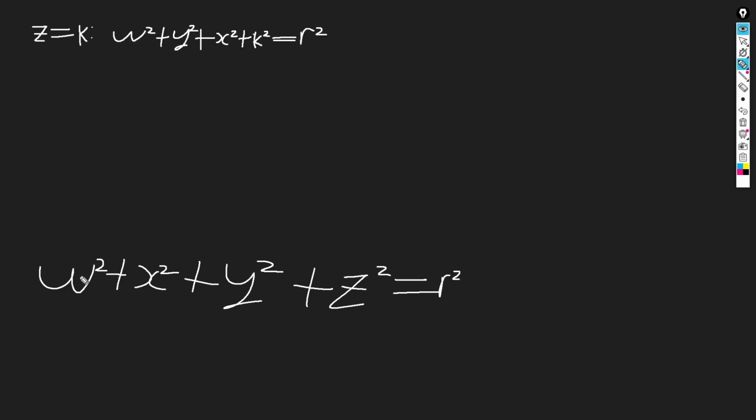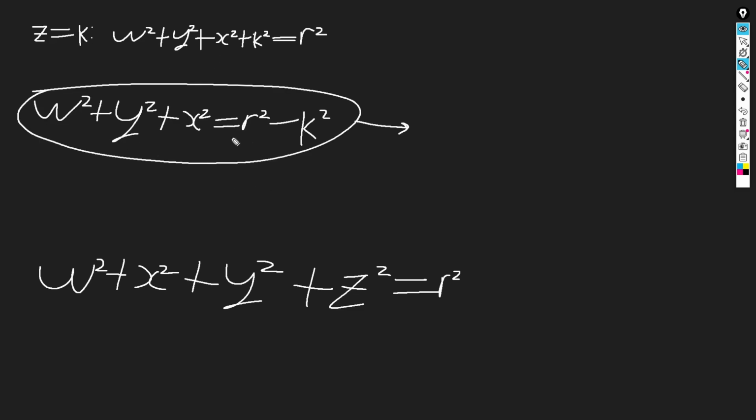So the trace of this sphere in the space z equals k, we get this, which can be simplified to this if we just subtract k squared on both sides. So since r and k are both just constants, r squared minus k squared is a constant. So that means this is the equation for a sphere with this radius. Let's keep this in mind.